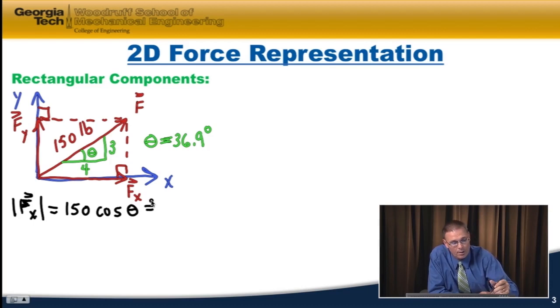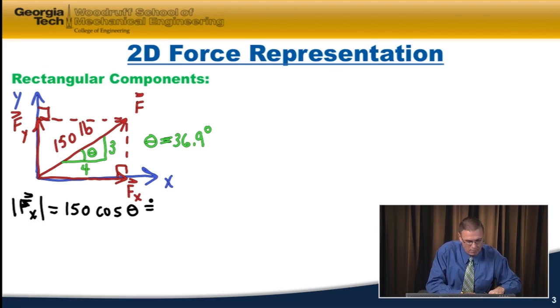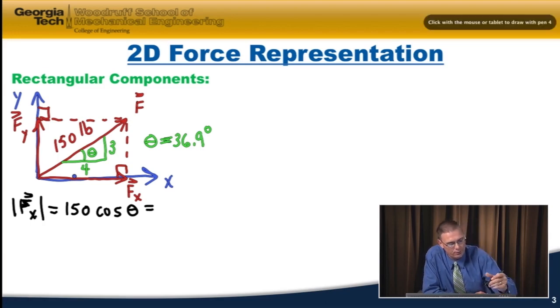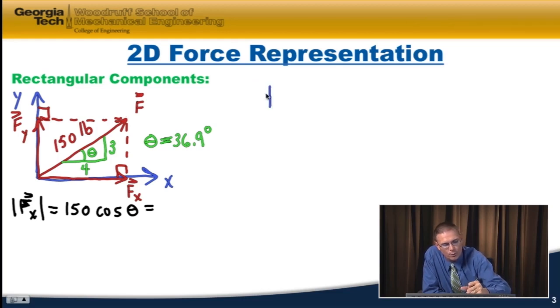Or we can also use similar triangles to find which component is the F sub x component. So we have a force that's on a 3-on-4 slope. So its hypotenuse is 5.